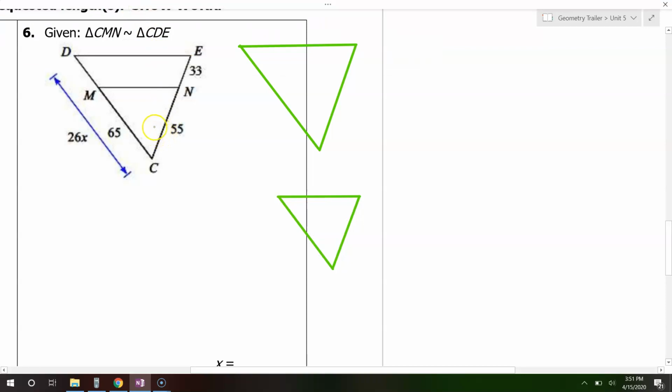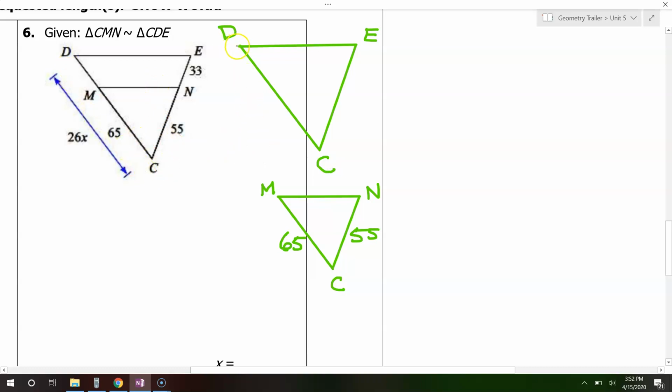Okay, look at the small triangle. I see I've got the 65 and the 55. Oh, I should label these. This is M and C. So M, N, C. All right, now the large triangle, so this is D, E, C. But what's going on here?